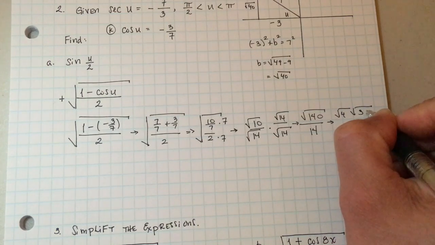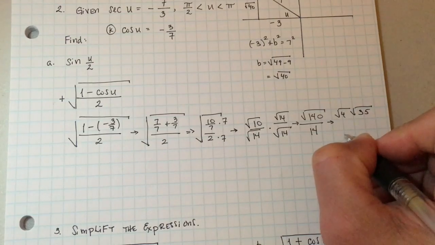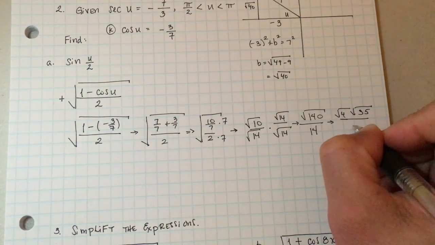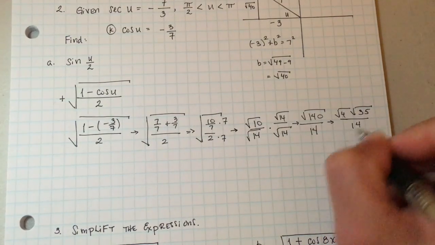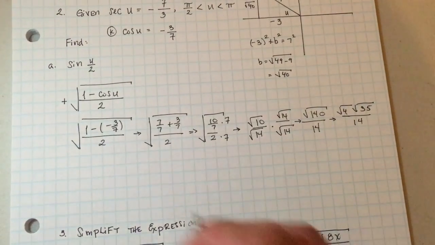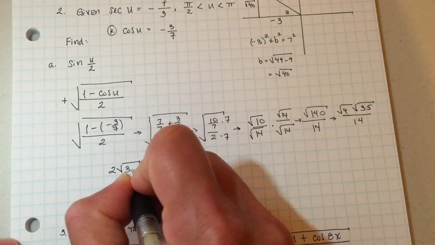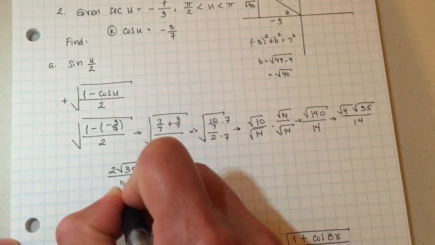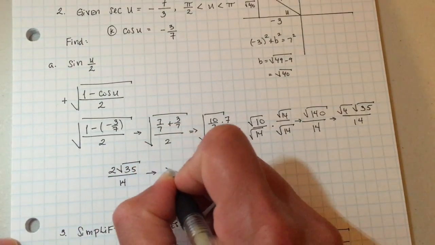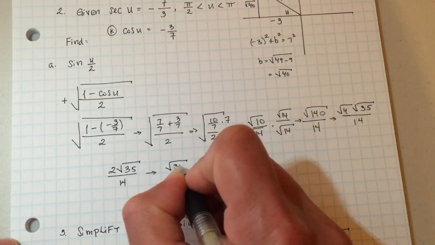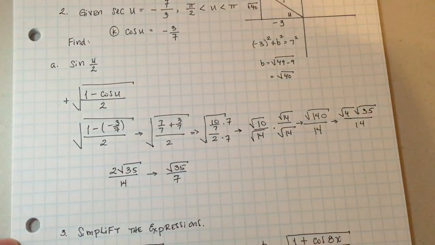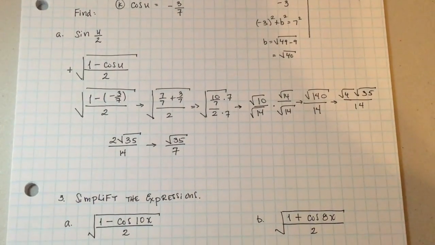And yep, on the bottom we have 14. And the square root of 4 is 2. So 2 radical 35 on the numerator, and on the denominator you have 14. So this simplifies into square root of 35 over 7. And there it is, guys.